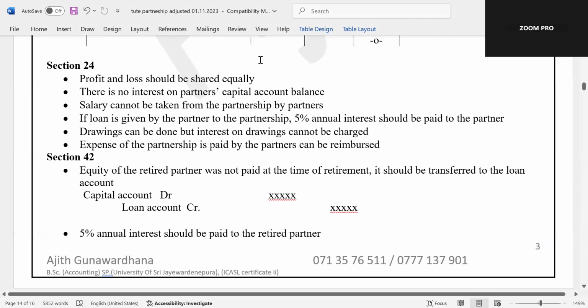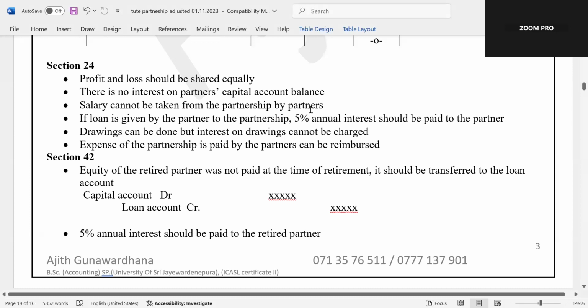Think, section 24: profit should be shared equally among the partners. There is no interest on capital. Salary cannot be taken from the partnership by the partners. And if a loan is given by a partner to the partnership, 5% annual interest should be paid.